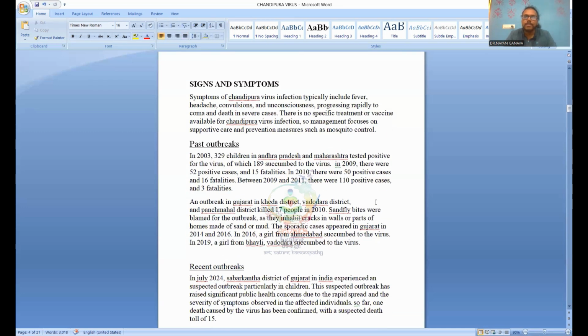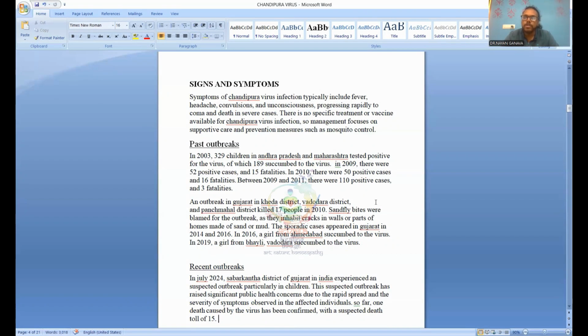So if we see the symptoms progress one by one, it is the same as what happens in any kind of fever. First there will be an intense fever accompanied by headache. Then the headache further progresses into diarrhea or vomiting. So with headache, the patient suffers from either diarrhea or vomiting, and then it ends up having convulsion.